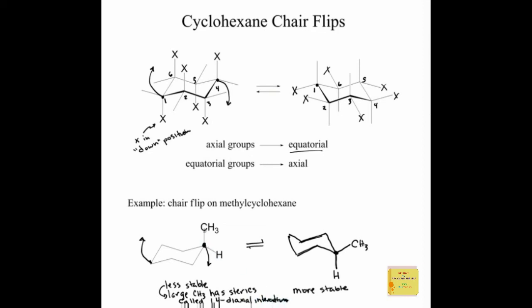When we have an axial group, it sees these axial hydrogens, and they can crowd each other and have some sterics. So those sterics are called 1,4 diaxial. That makes this less stable. So this equilibrium lies in the forward direction here, where the larger group is put in the equatorial position.